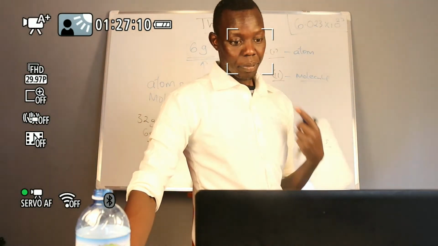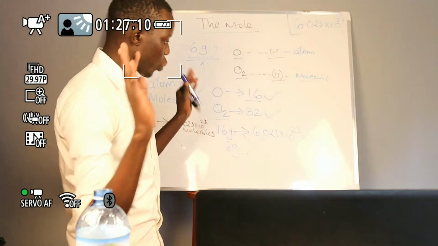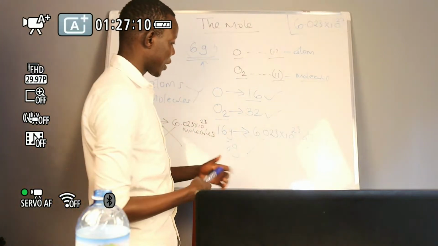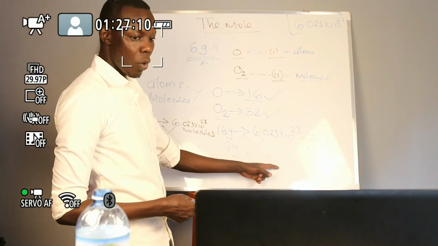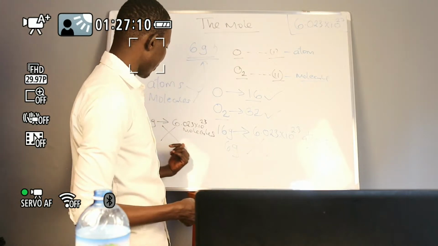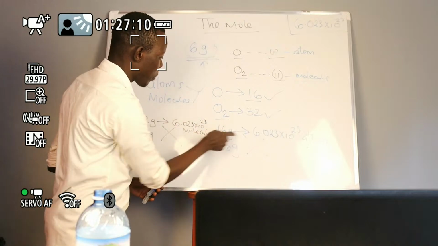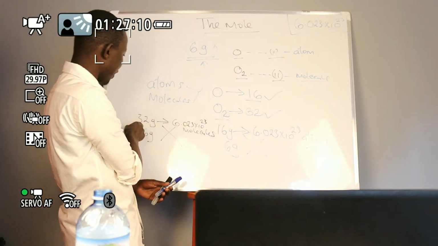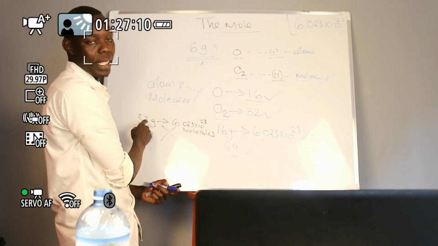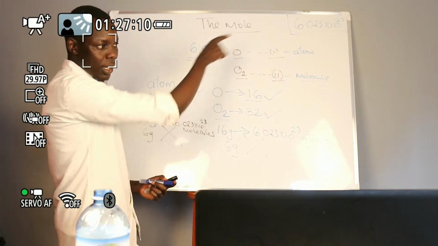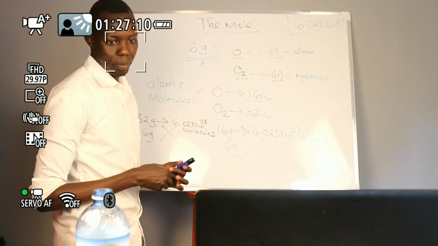So let's proceed. I will not do it for you, but use your calculator. You will notice that the answer you will get here, ukicompare na the answer yenye utapata hapa, hii ni kubwa kuliko hii, because it is 6 times 6 divided by 16. 6 times 6 divided by 32. When the denominator is big or large, it makes the answer small.